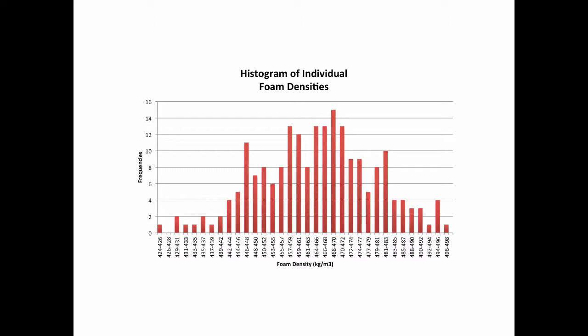So we see that the foam density ranges from about 420 kilograms per cubic meter to about 500. It's normally distributed and looks fine, and looks like a fairly broad range of values. These again are the individual samples, individual pieces of foam that I'm measuring, and there's about 210 of them.